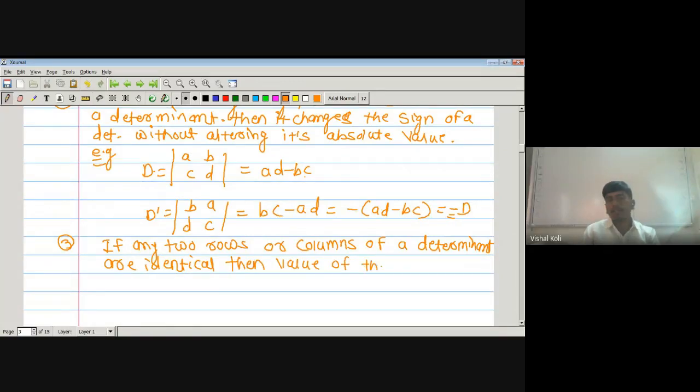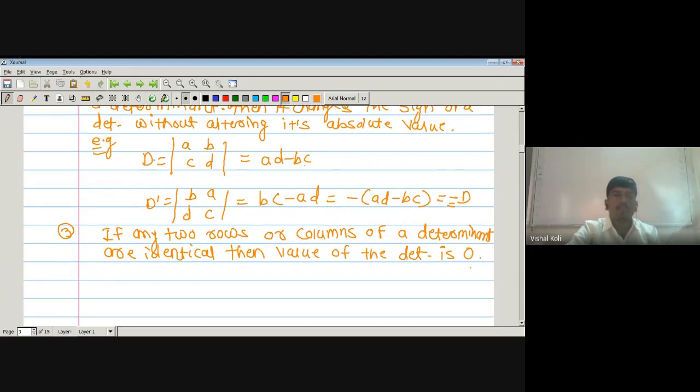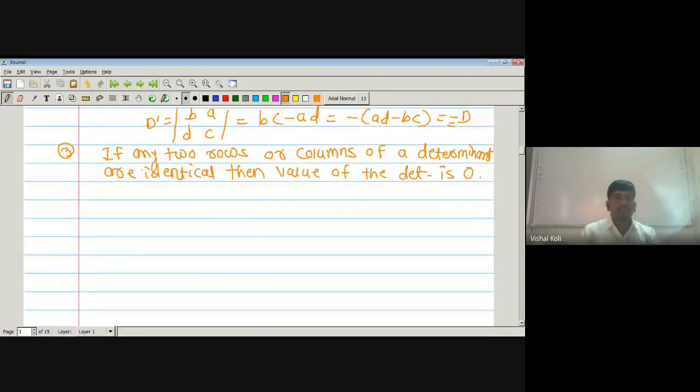For example, if D is a determinant with both rows the same, then its value is AB minus AB, which is equal to 0.